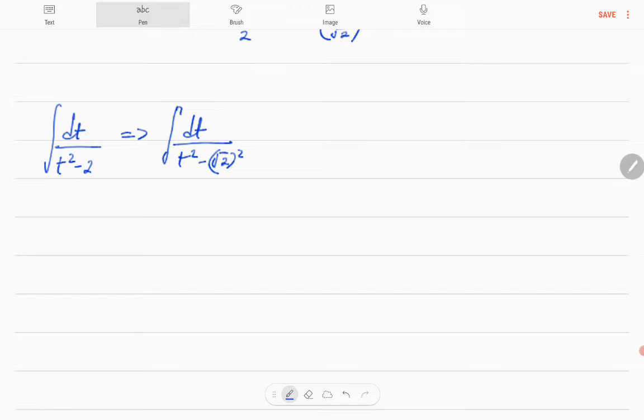So I'm going to have this as integral of A dt divided by t minus root 2 plus integral of B dt divided by t plus root 2.